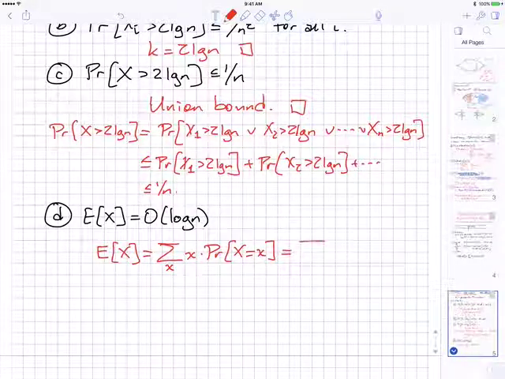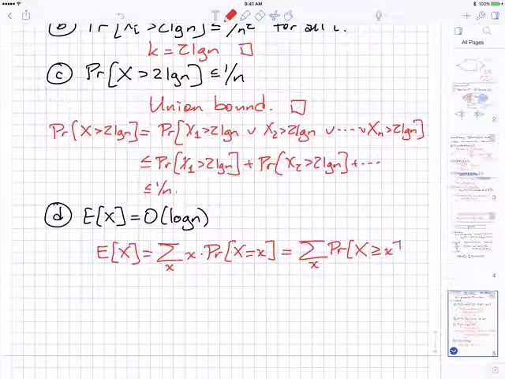You can also write this as the sum over all little x of the probability that x is bigger than or equal to little x. So we know something about the probability of x being big. So the probability that x is big is tiny, right?